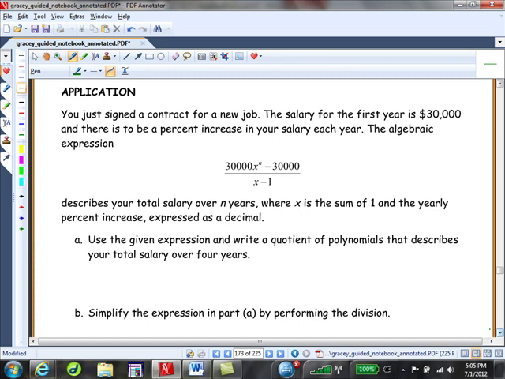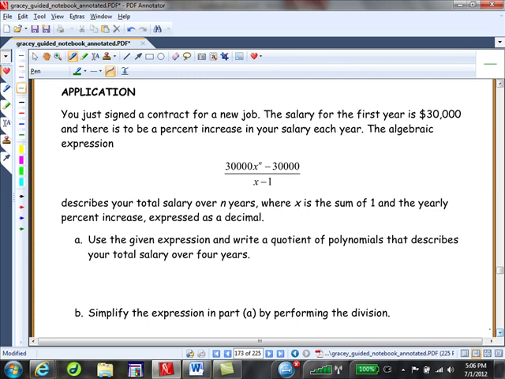The algebraic expression 30,000 times x to the n minus 30,000 divided by the quantity x minus 1 describes your total salary over n years, where x is the sum of 1 and the yearly % increase expressed as a decimal. Use the given expression and write a quotient of polynomials that describes your total salary over 4 years.